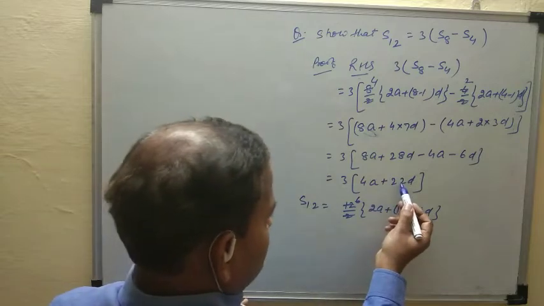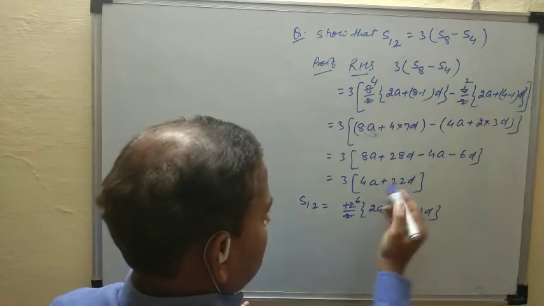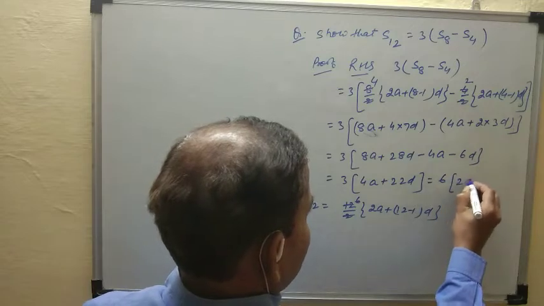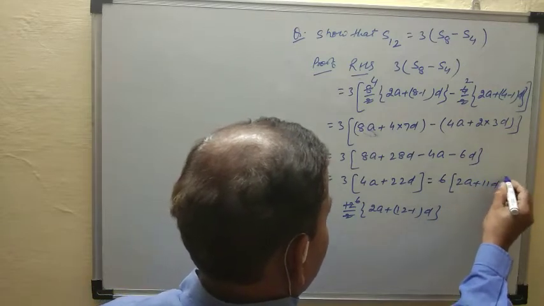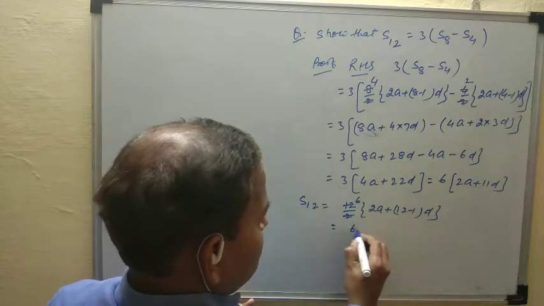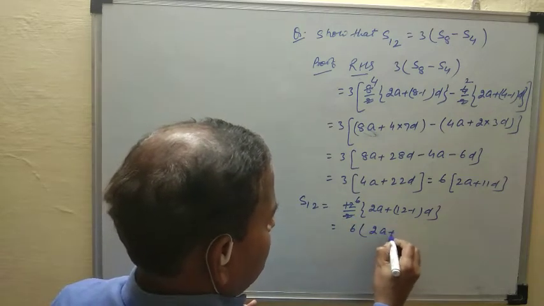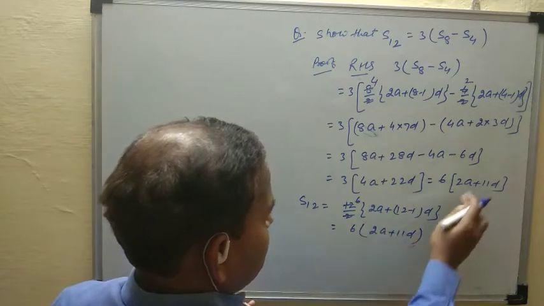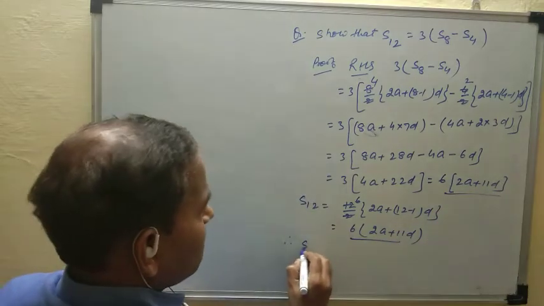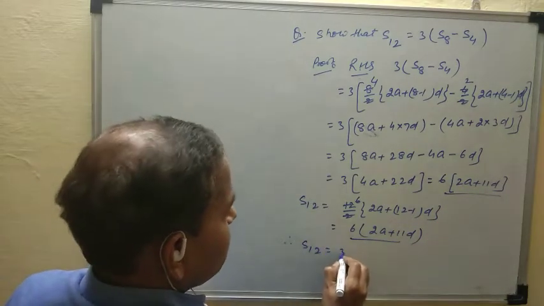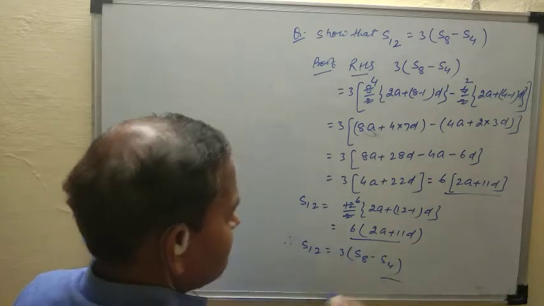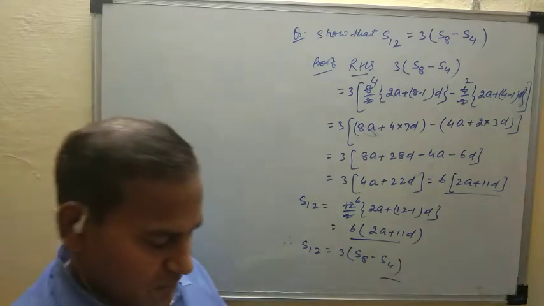Here 2 is also common. So taking 2 common, then this becomes 3 into 2, 6, 2a plus 11d. Cancel. So 6 into 2a plus 11d. Both are equal. These both terms are equal. Therefore, S12 is equal to 3 into S8 minus S4. Proved.